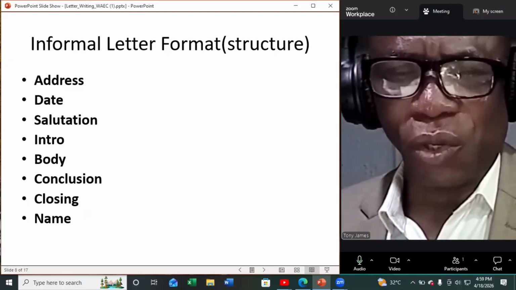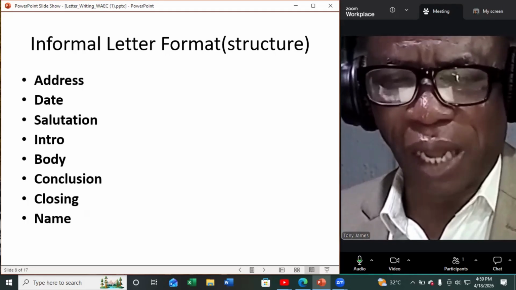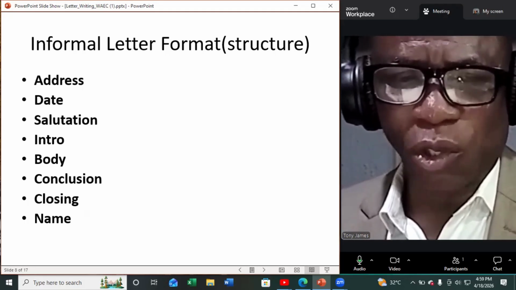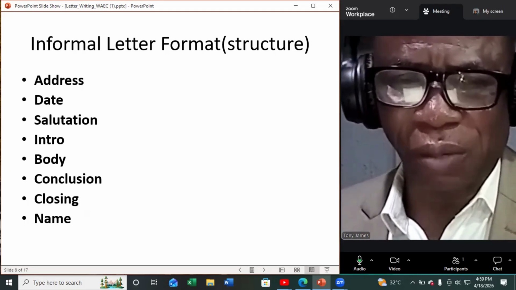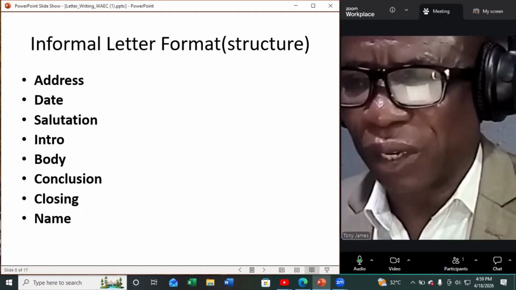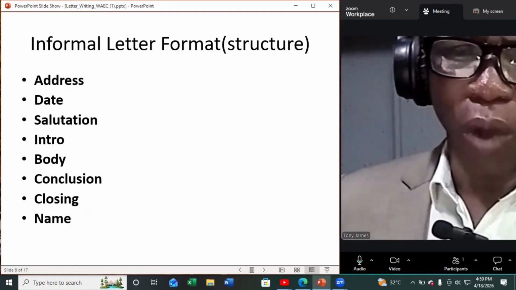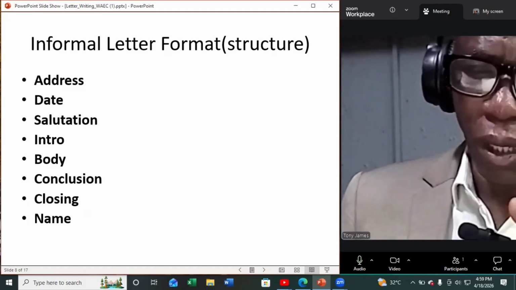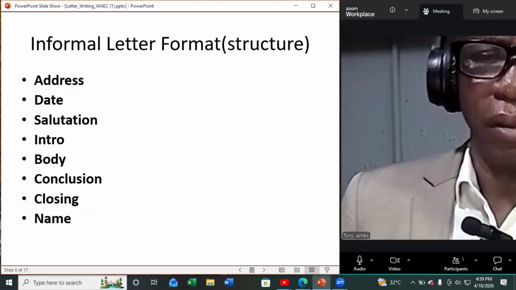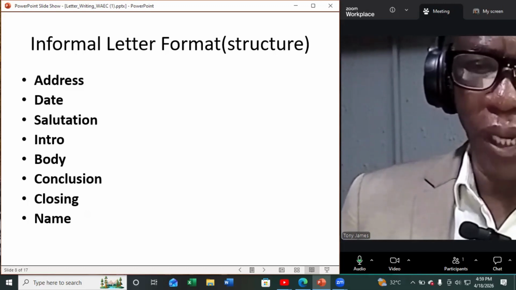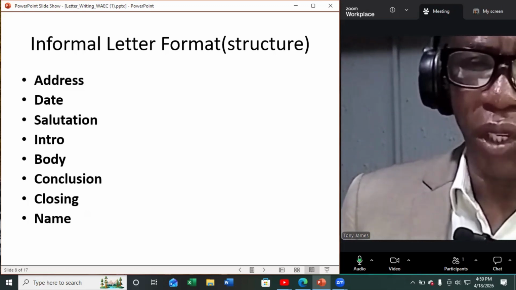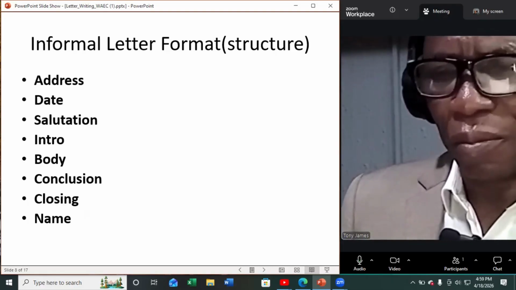Take note, you don't leave any indent. You don't leave any space between the margin and the beginning of the salutation. You have to align your dear to that line. No margin, no indentation starts from your salutation. So you say, dear sir.